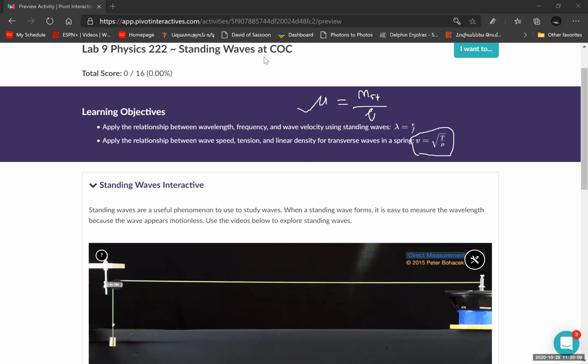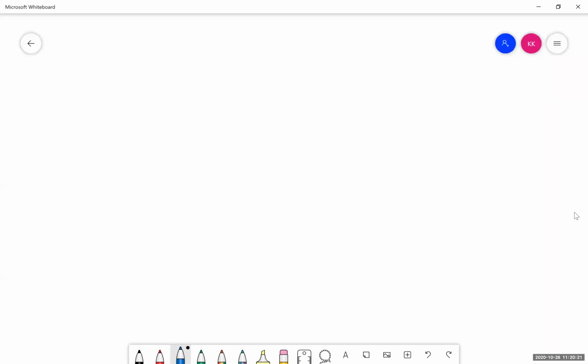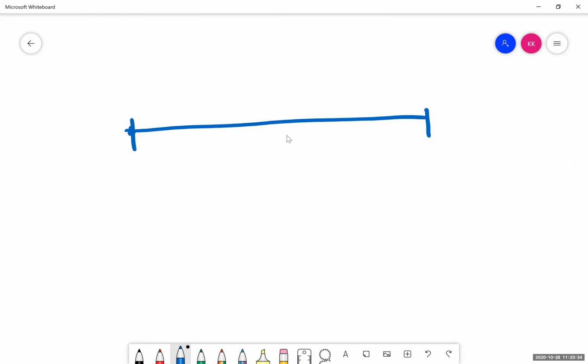All right, so let me very quickly give you some of those equations on this whiteboard. So think like this. What you have here is, remember, standing waves means that you have your string trapped between two boundary points.